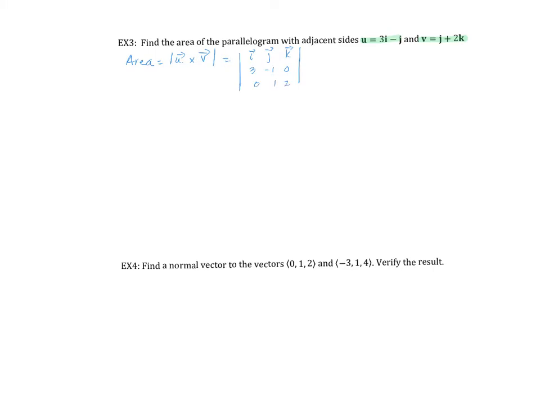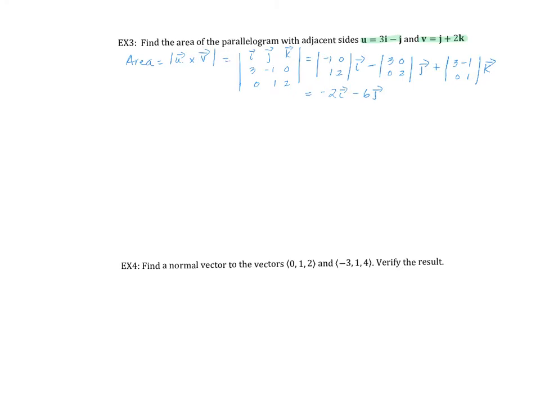Oh, drive me nuts. So that would be equal to, if I cover up my i column, I have negative 1, 0, 1, 2, coefficient on my vector i, minus, cover up the j, I get 3, 0, 0, 2, coefficient on my j, plus, cover up my k, I have 3, negative 1, 0, 1, coefficient on my k, which will be equal to negative 2 minus 0 gives me a negative 2i. 6 minus 0 gives me a positive 6, but this is a minus 6j.